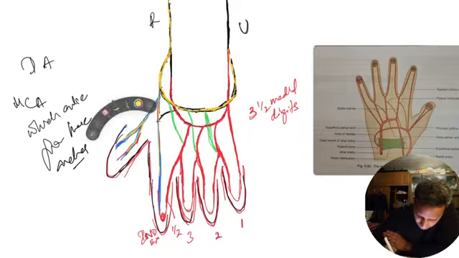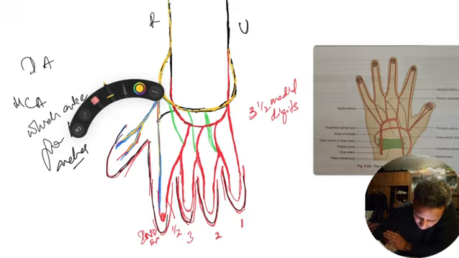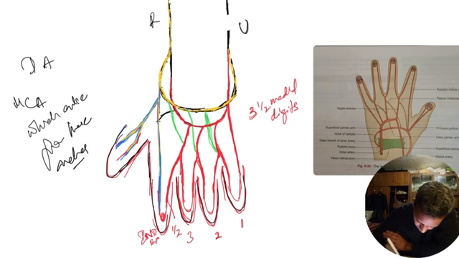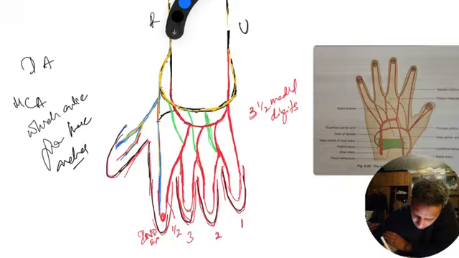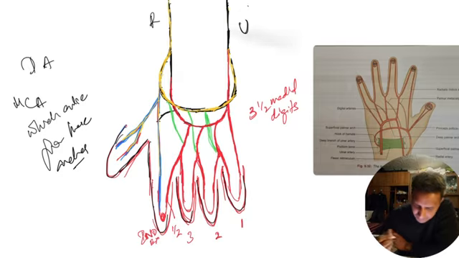So therefore, now let's understand this once again. Your ulnar artery forms the superficial arch, this is the superficial arch, and your radial artery is forming your deep palmar arch, right?